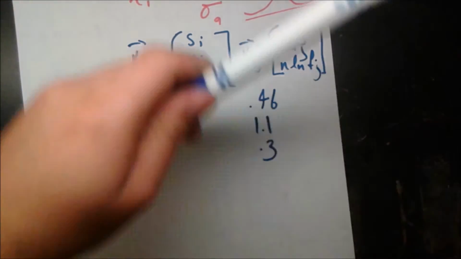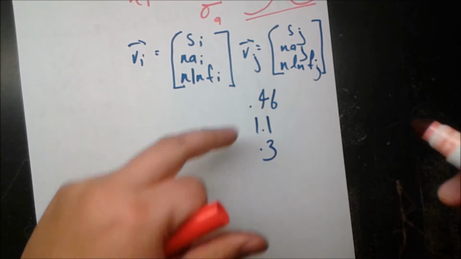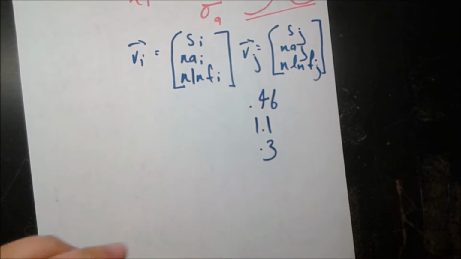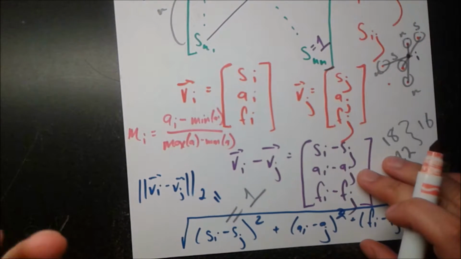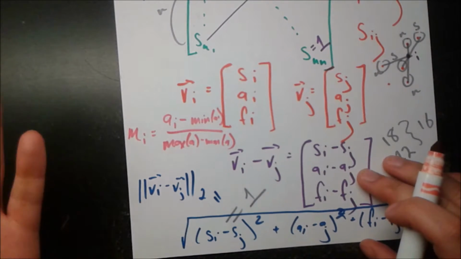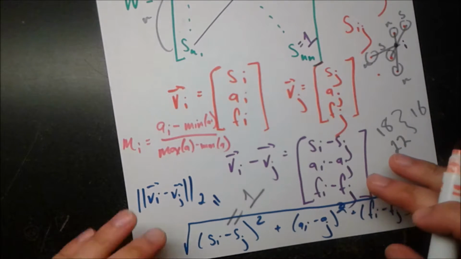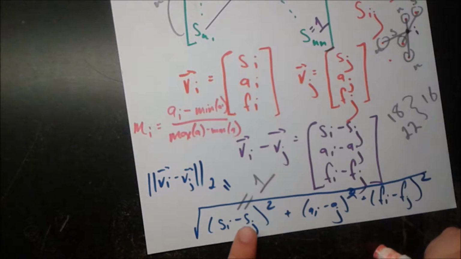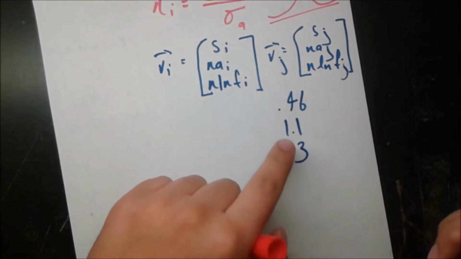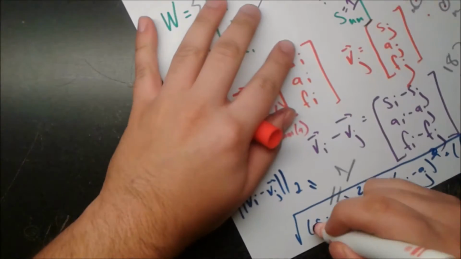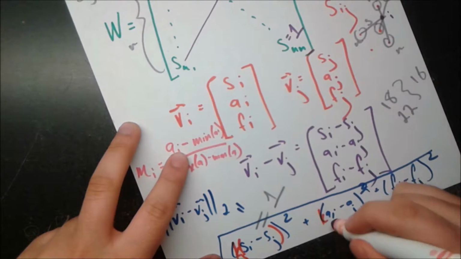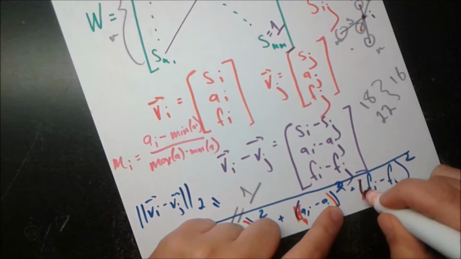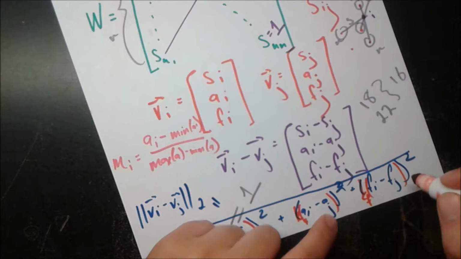So the simple thing we can do is use these empirical values to assign coefficients to each of these differences to make sure their averages are the same or very close to the same. What I mean by that is instead of doing Si minus Sj, we're going to put a Ks multiplied by Si minus Sj, and a Ka multiplied by Ai minus Aj, and a Kf multiplied by Fi minus Fj.